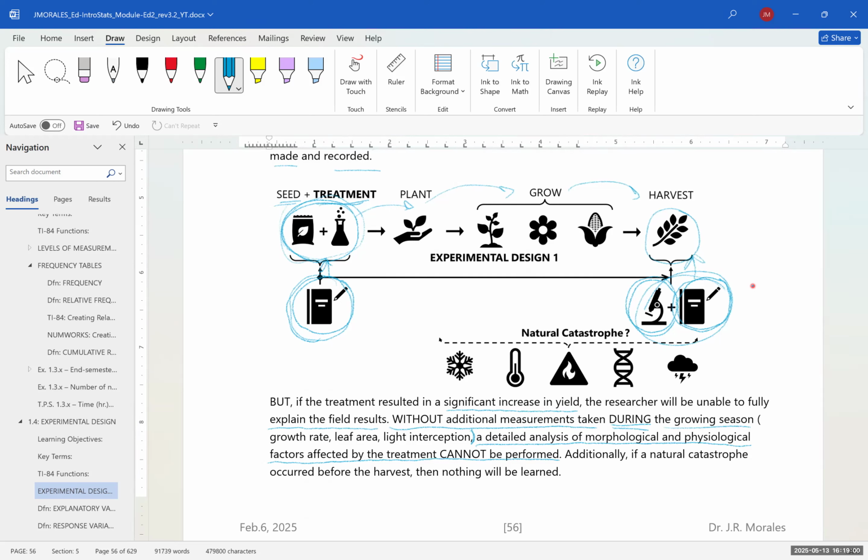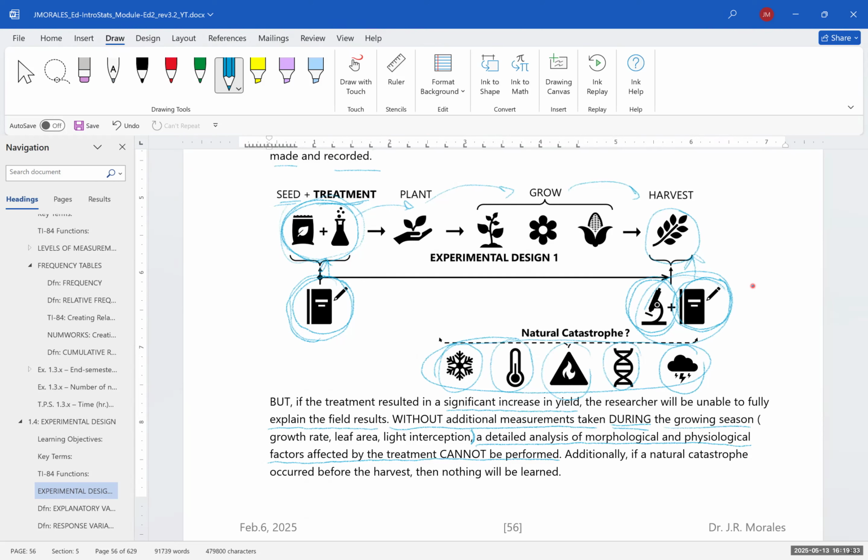So before the experiment ended, you could have had some kind of natural catastrophe that took place. You could have had freezing temperatures or temperatures that were really hot, or maybe there was a fire, right? Or maybe there was some kind of biological contaminant. Maybe there was a fungus that spread throughout the plants and damaged them. Or a flood or lightning storm, a hurricane, something came through and wiped everything out.